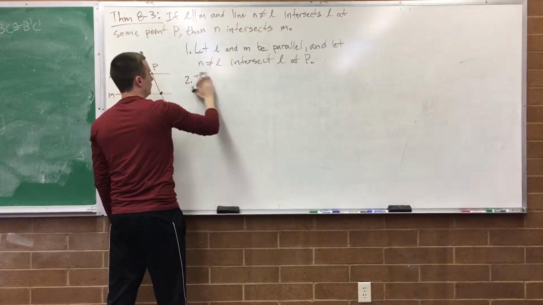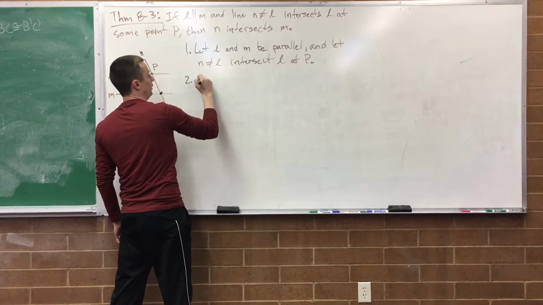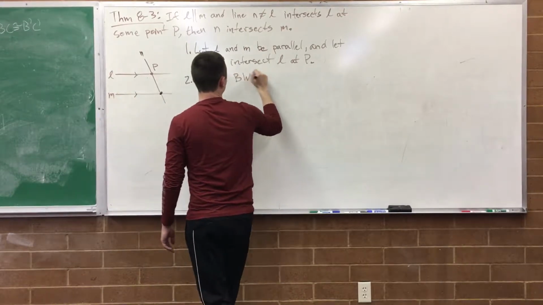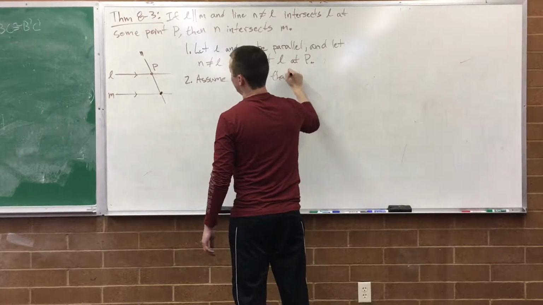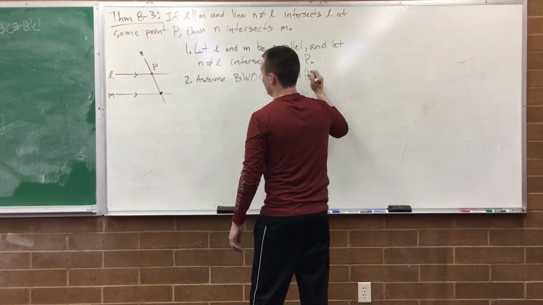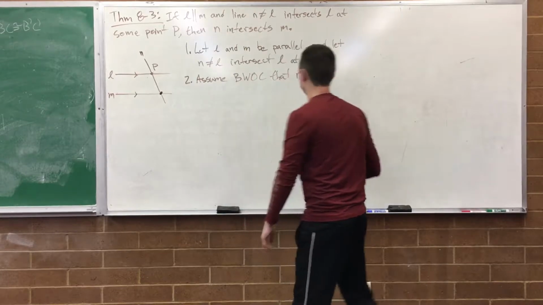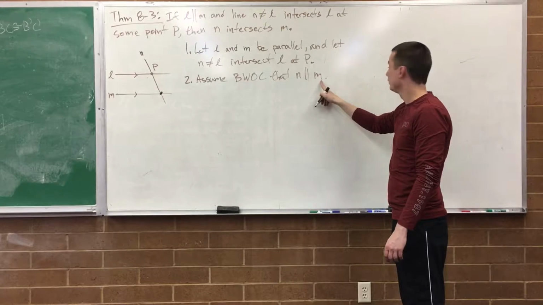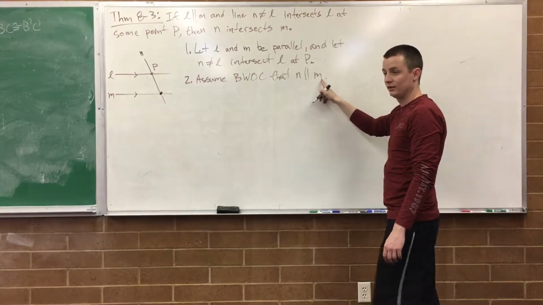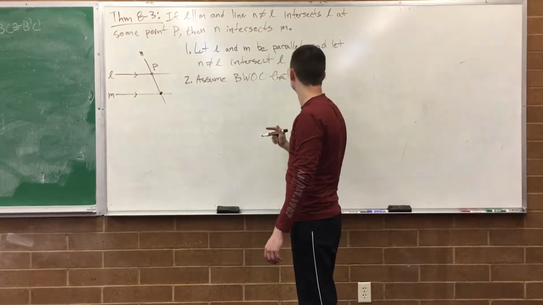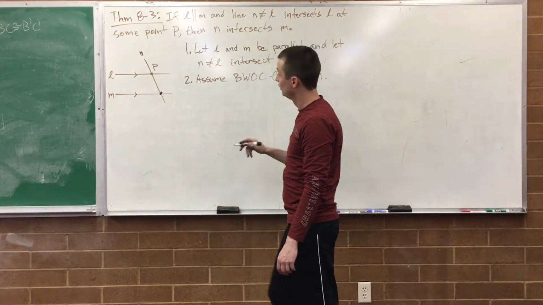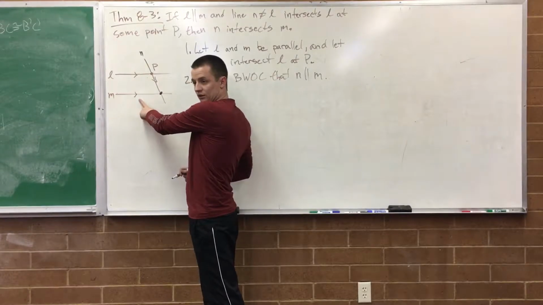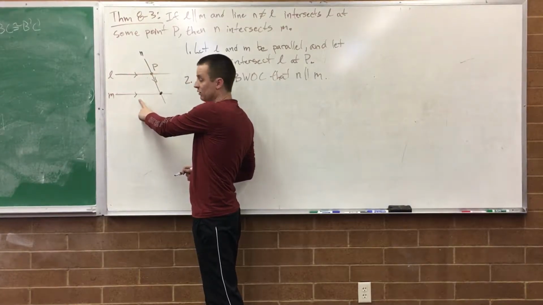Then, let's do it this way. Assume, by way of contradiction, that N is parallel to M. So if N is parallel to M, why is that bad? So if we say N is also parallel to M, why doesn't that work? It can't intersect L.